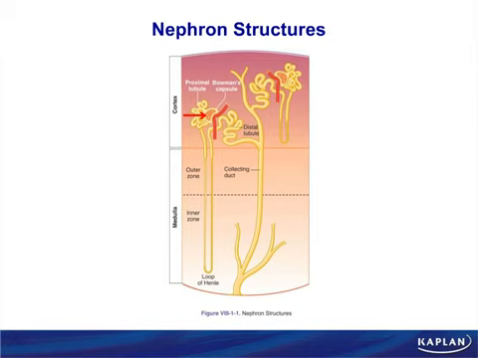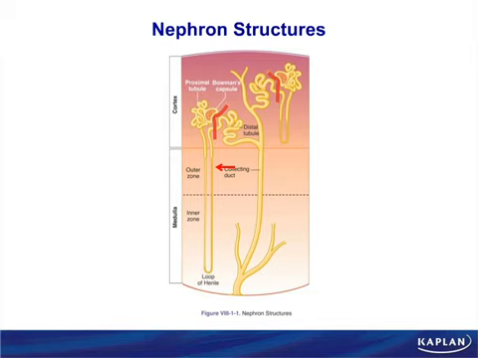After the glomeruli, you have the efferent arterioles. After the efferent arterioles, you have the peritubular capillaries. And the peritubular capillaries wrap around the rest of the nephron. So imagine the peritubular capillaries as surrounding the rest of the nephron over here. And they go all the way around deep into the medulla.